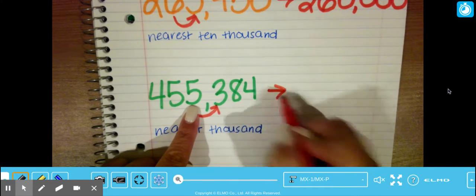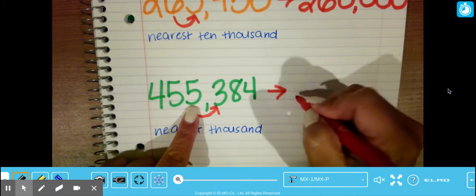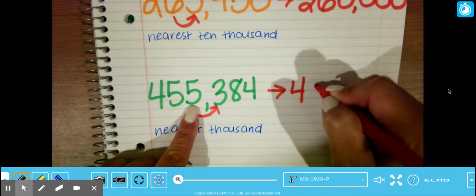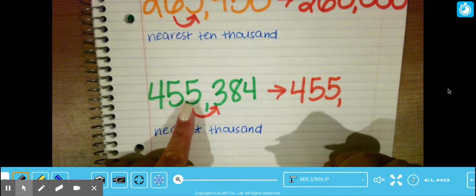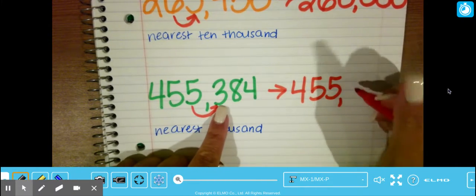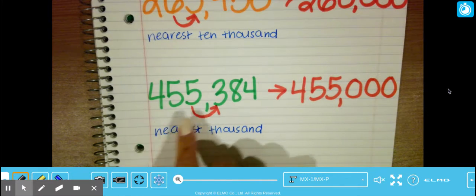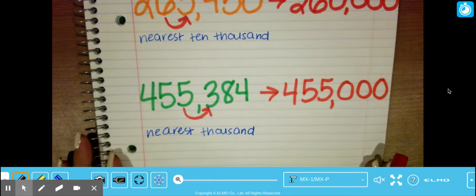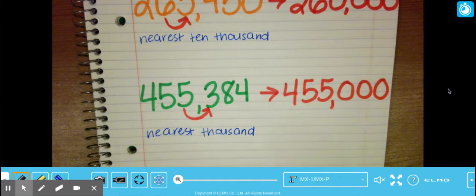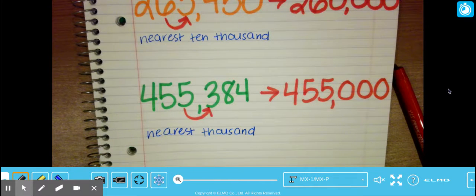It's just going to stay the same. So everything in front of my target digit stays the same as well, giving me 4, 5, 5. And then everything after my target digit turns into a 0. So 455,384 would round to 455,000 if I was asked to round to the nearest 1,000.